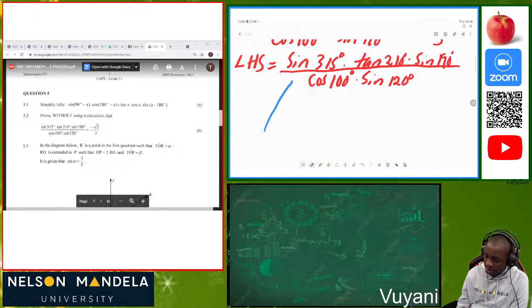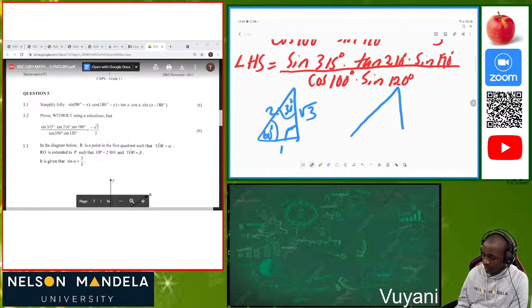We have to use these triangles: 60 degrees, 30 degrees, with sides root 3, 1 and 2. Then we have this one, which is 45 and 45, with sides 1, 1 and square root 2.